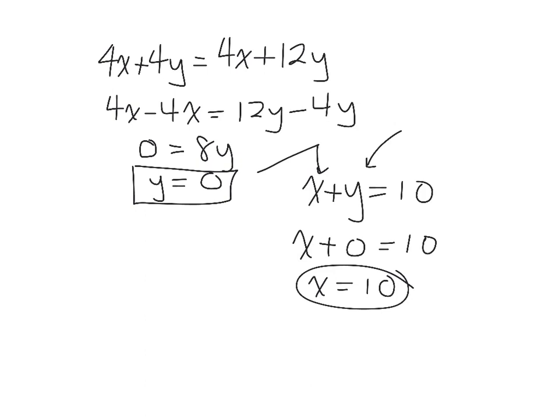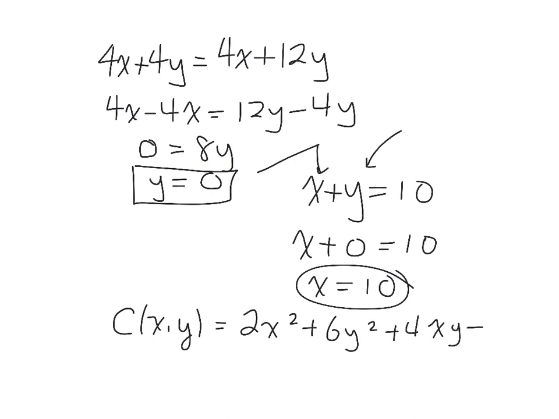To wrap up this question, we now have to substitute these values of x and y into that cost function that we started with way back when and determine what that minimum cost would be. With one of the variables being 0, it certainly makes this a lot easier because this will be 0, this will be 0.